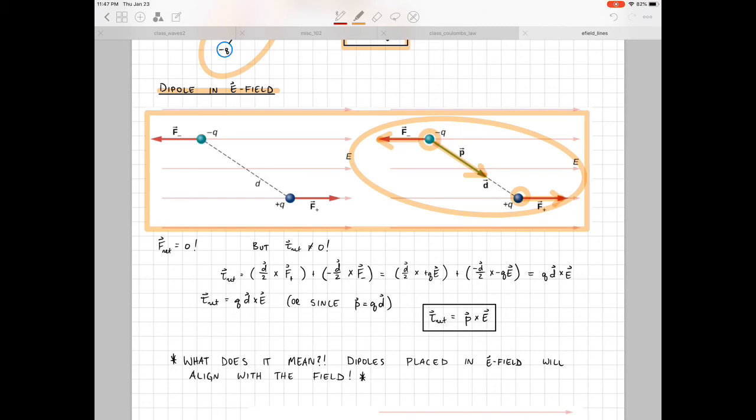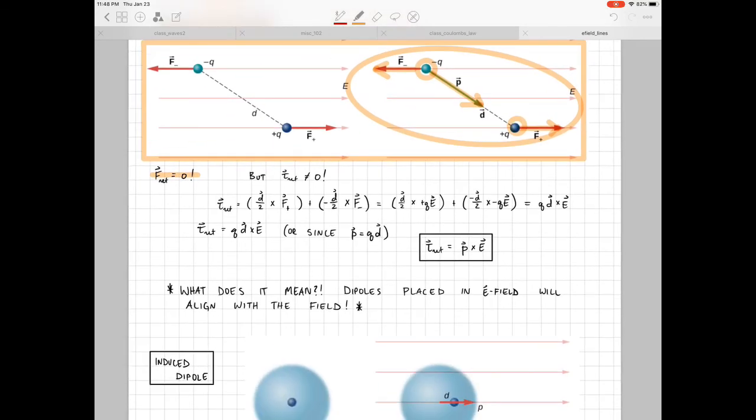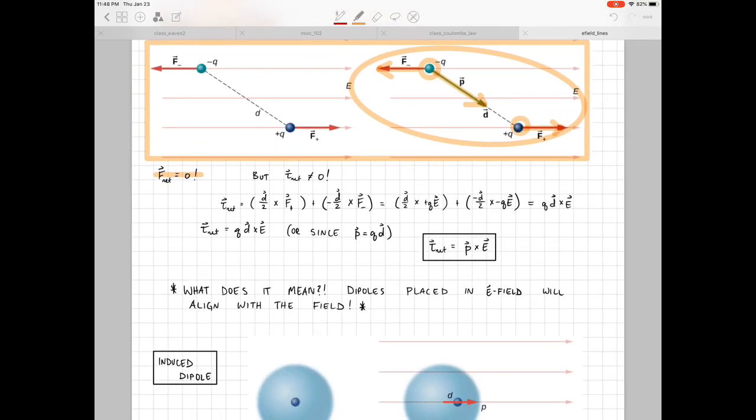Now, both charges are in the same electric field, and they're both the same amount of charge, and so the magnitude of those forces is exactly the same, and so the net force on the dipole is actually 0. But the net torque on the dipole is not 0.